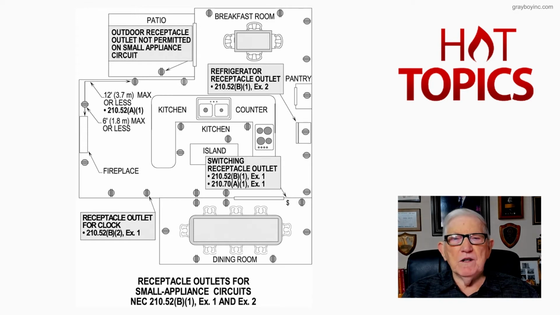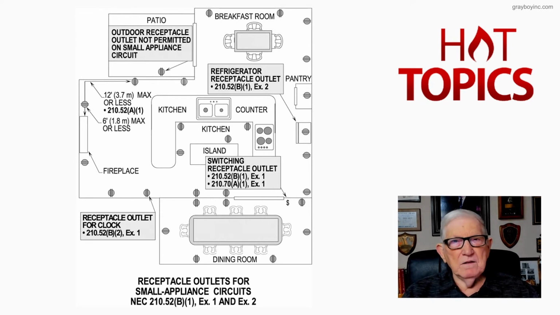And then, of course, we'll get into the kitchen countertops, the island, the peninsula as we go through this. But what this is showing, we need 2 small appliance circuits to supply the area that you see here, not counting the patio out there naturally, but the kitchen, pantry, dining room, and breakfast room.